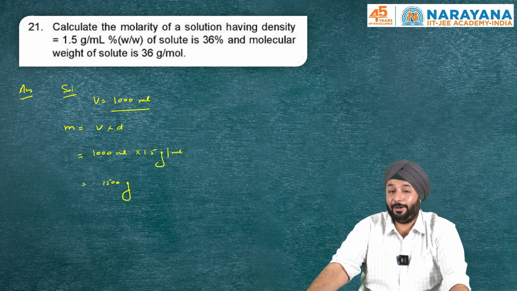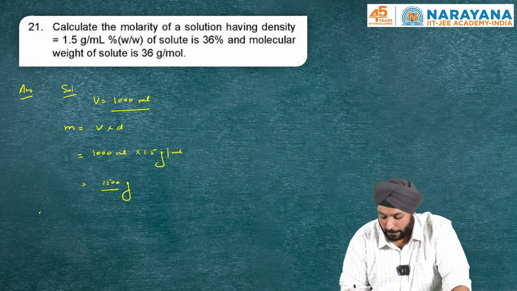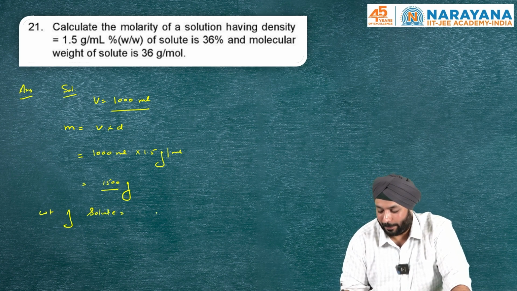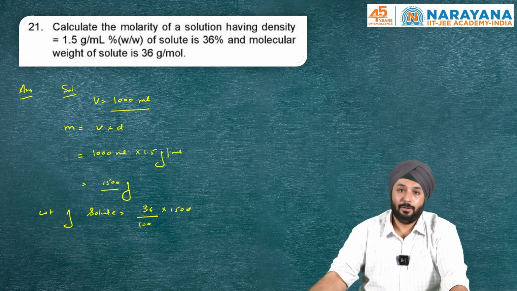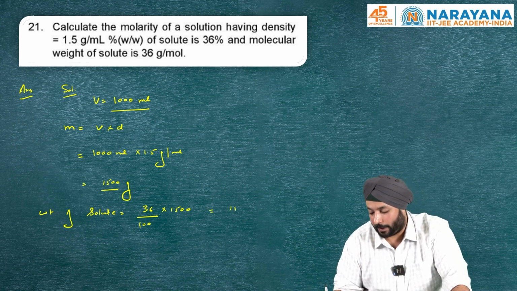Now he says that your solute is 36% of the entire solution. So the weight of solute should be equal to 36% of the entire solution, right? So you'll get 15 into 36 grams.